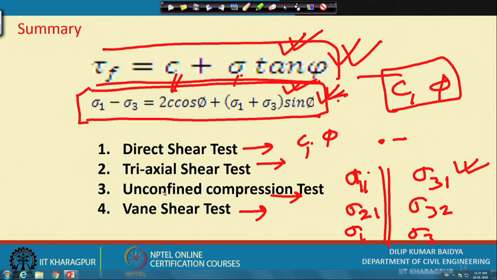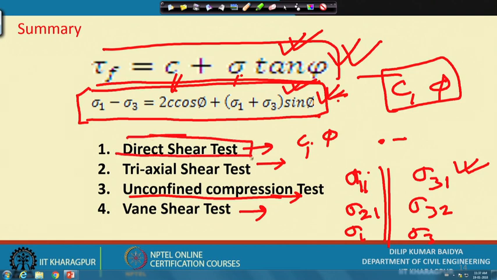Direct shear test and unconfined compression test are very quick, and we can quickly assess the value. Generally for cohesionless soil we use the direct shear test, for cohesive soil we do the unconfined compression test, and for any type of C-phi soil and to simulate different field conditions we generally conduct the triaxial test.